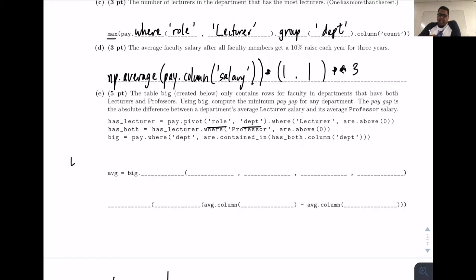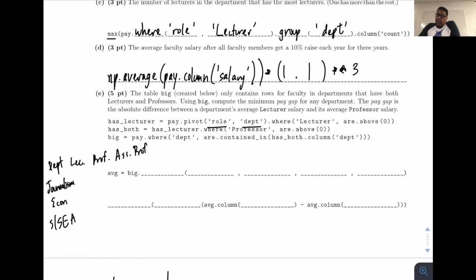We'll have lecturer, we'll have prof, have associate prof, and then the second argument in pivot will be the title for all of our rows. So then we'll have journalism, econ, South and Southeast Asian studies, and so on. So that's what our has lecturer table will look like.